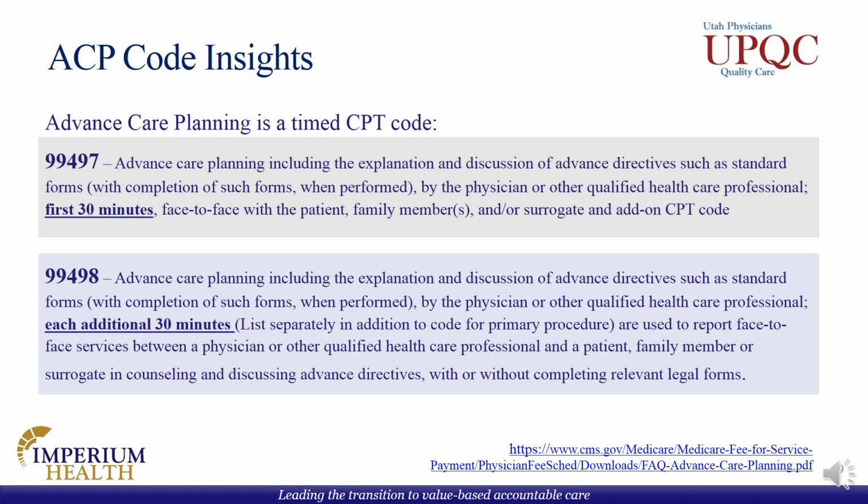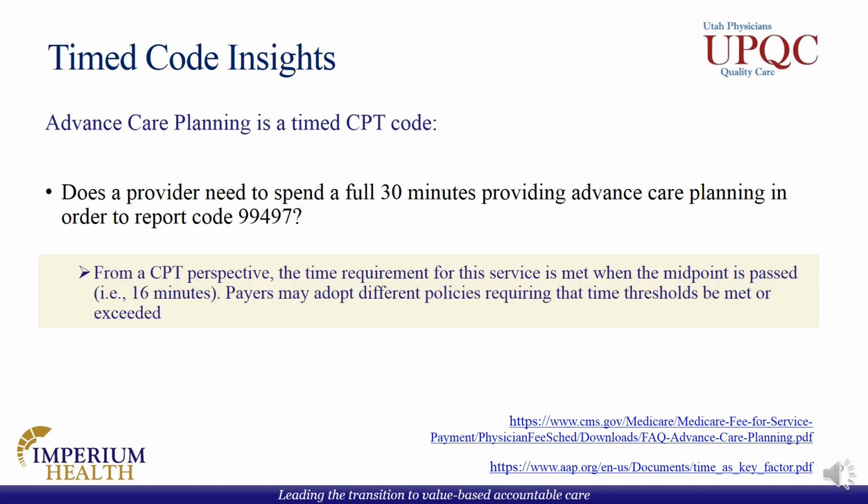And that's discussion of advanced directives, whether or not you fill it out, you just have to discuss it, by the healthcare team members, or end-of-life care. And if you pass that 30 minutes and then you start to qualify for the second 30 minutes, you'd use the 99498 code. Now, both of these are valuable, but they do have some time restrictions to them.